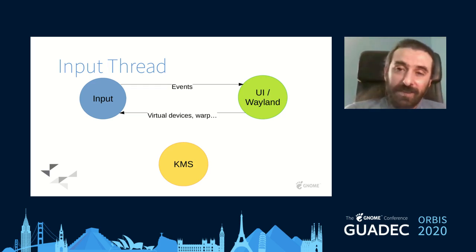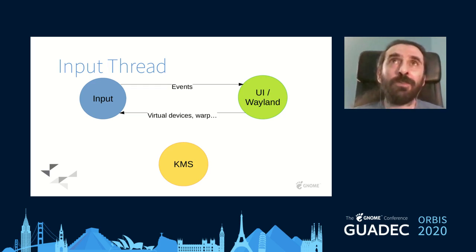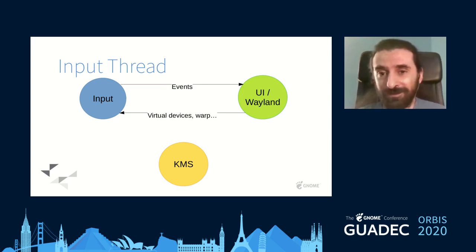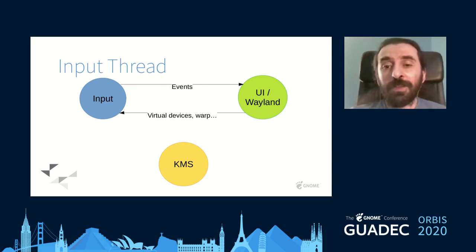This is where the main refactors have been done. It looks like a single arrow, but there's quite a number of interactions between the UI thread and the input bits, which would be virtual devices, warping pointers. Warping pointer is when the pointer moves from one place to another on the screen.